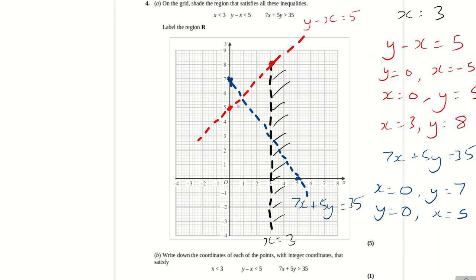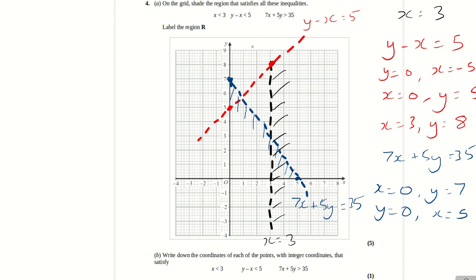And I've just noticed that I forgot to shade in on my red one. I'll shade this one in. We want 7x plus 5y to be greater than 35. So the region below it is where it's less than 35, and we don't want that. So I shade that to show we don't want it. And I'll go back to the red one.